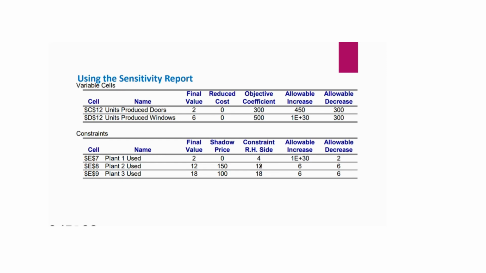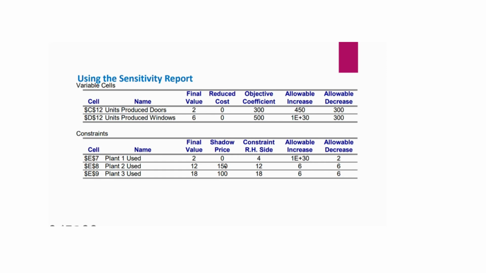The allowable decrease is 6 hours, which means that if we deduct 6 from 12, so we have 6 here, we can still maintain the shadow price of 150. Beyond this allowable decrease, let's say 7 or 8, we will have 12 minus 7, that will be 5.